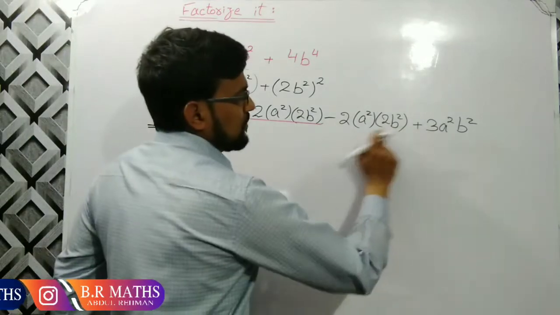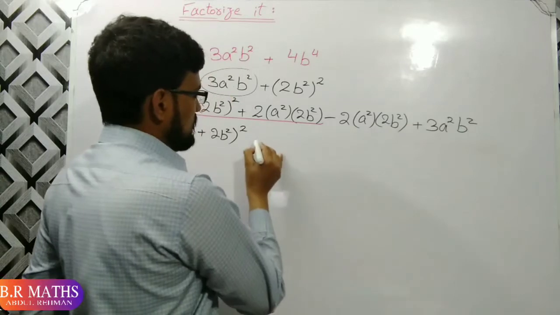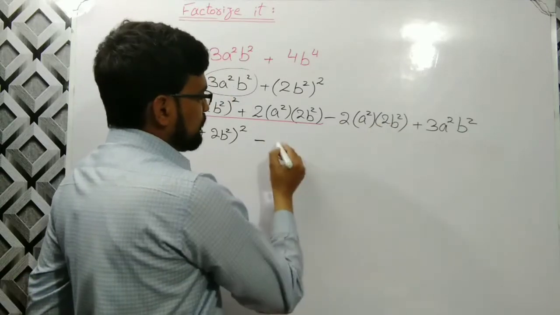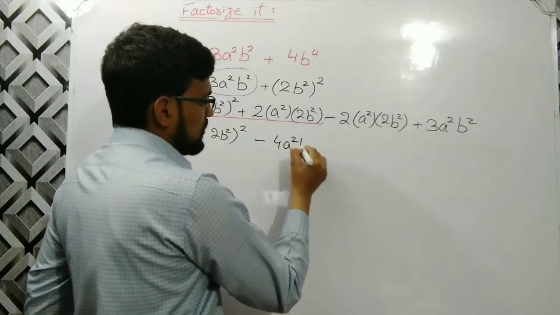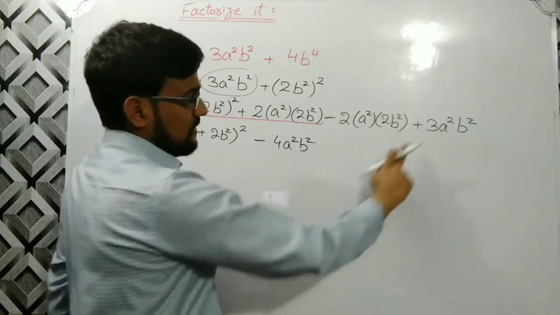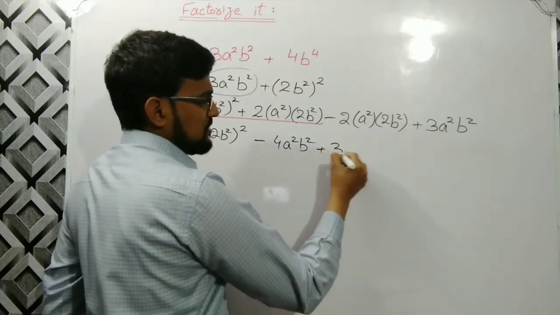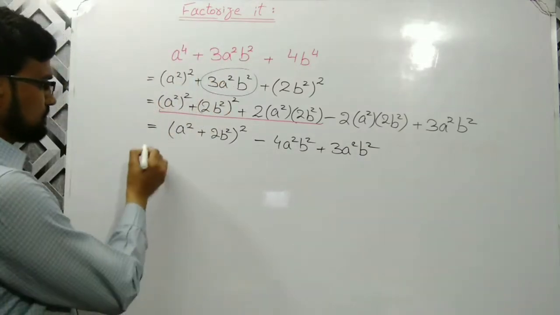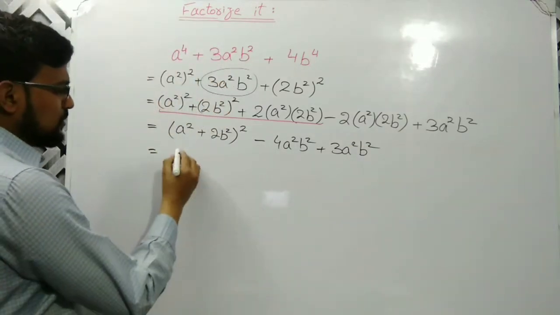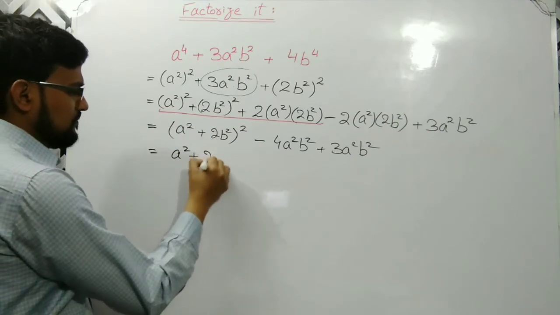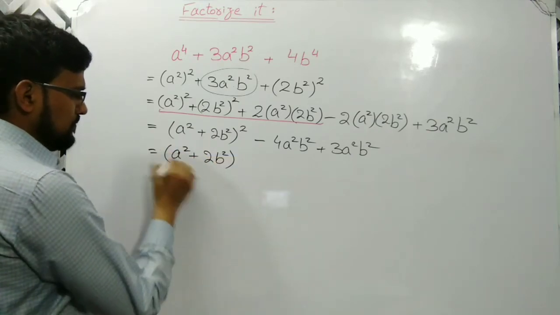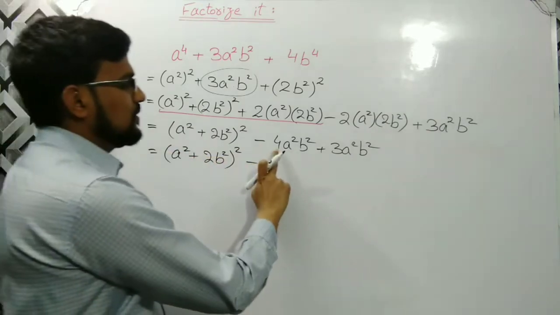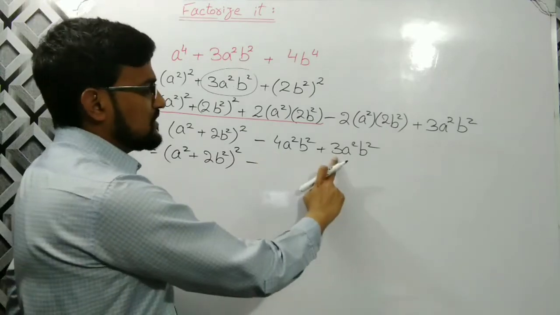And simplify these two terms: minus 2, 2 twos are 4, a square b square, and the last one is plus 3 a square b square. This whole square remains the same, and minus 4 and plus 3.